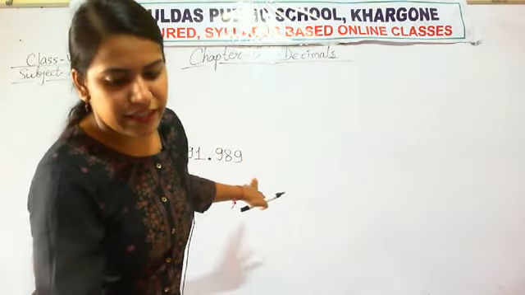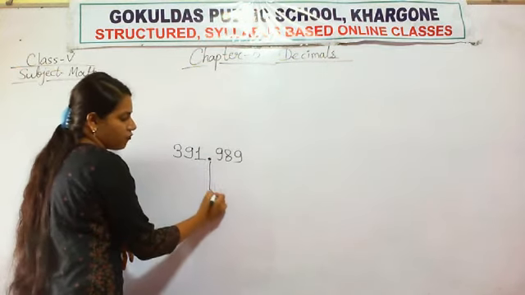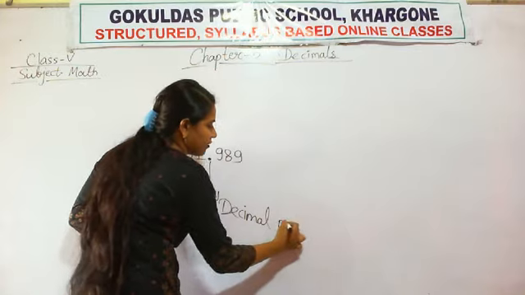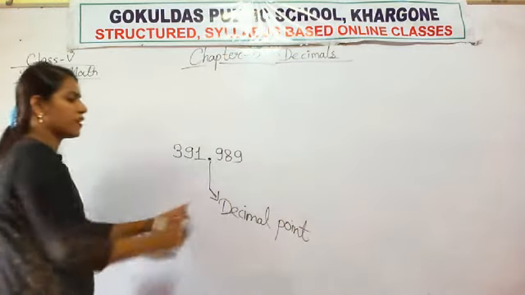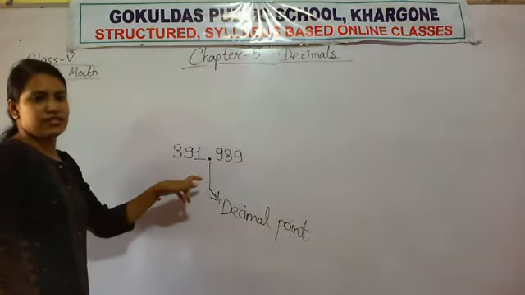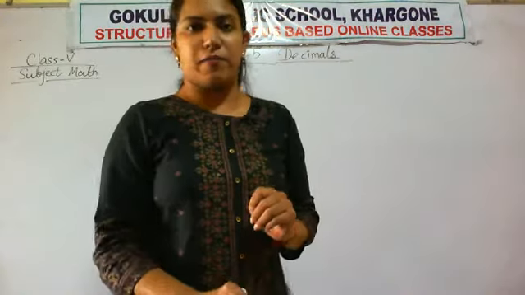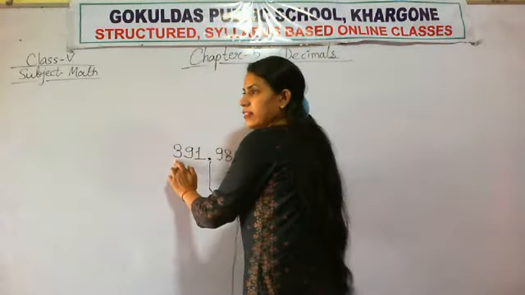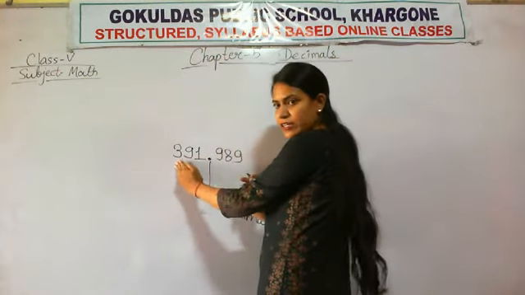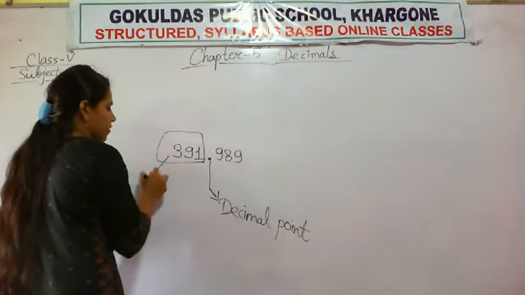Now the digits to the left of the decimal point, what are they? This point is the decimal point. The number to the left of the decimal point is called a whole number. 391 is written left to the decimal point, which means this number is called a whole number.